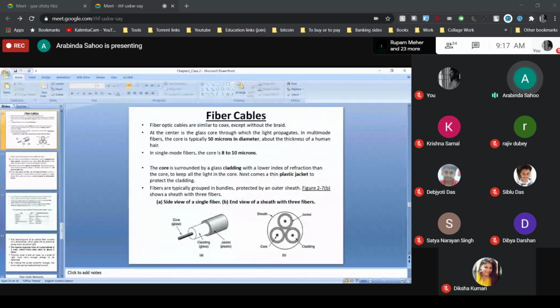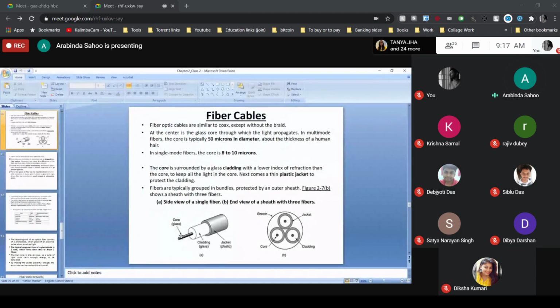Multimode fiber is normally used to transmit more than one signal, and its core diameter is 50 microns. In single mode fiber, the core diameter is around 8 to 10 microns.